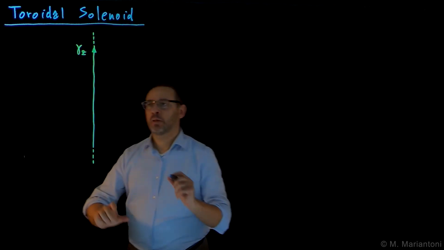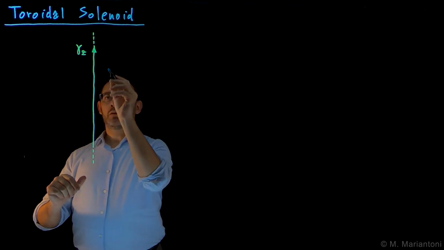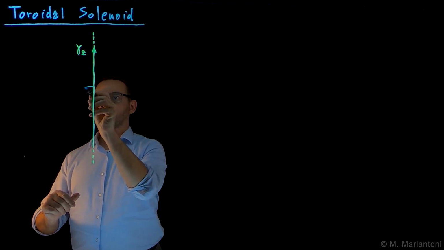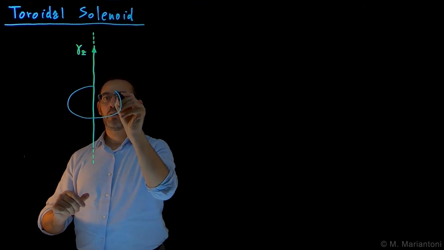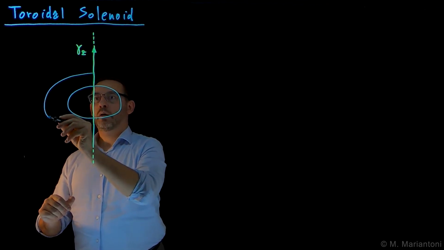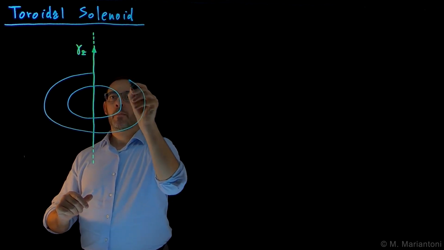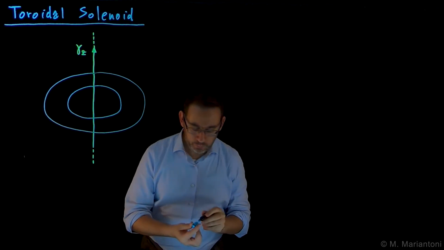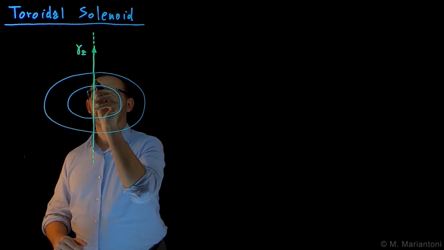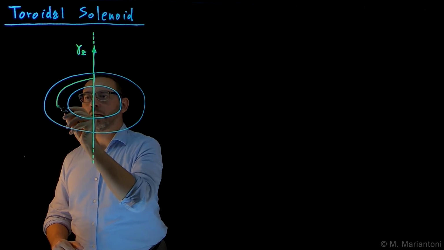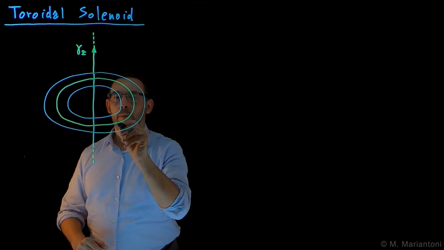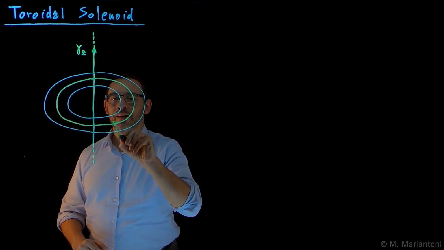Then let me sketch the torus here in sort of 3D. It looks something like this. There will be a central axis associated with this torus, in green, as always. This is gamma.